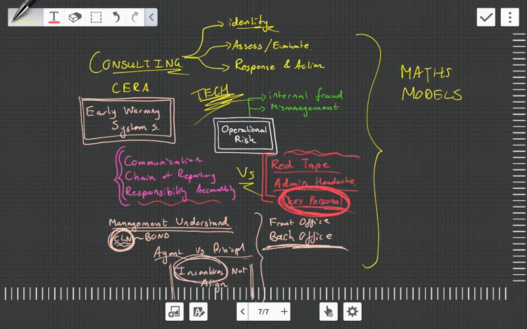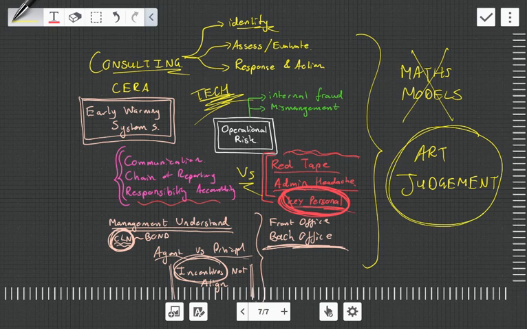You can't really rely too much on that. Instead, it's a bit of an art, and it does come down a lot to judgment. So you want someone who has a lot of experience and someone who has a risk dedicated qualification in order to be helping out with this.